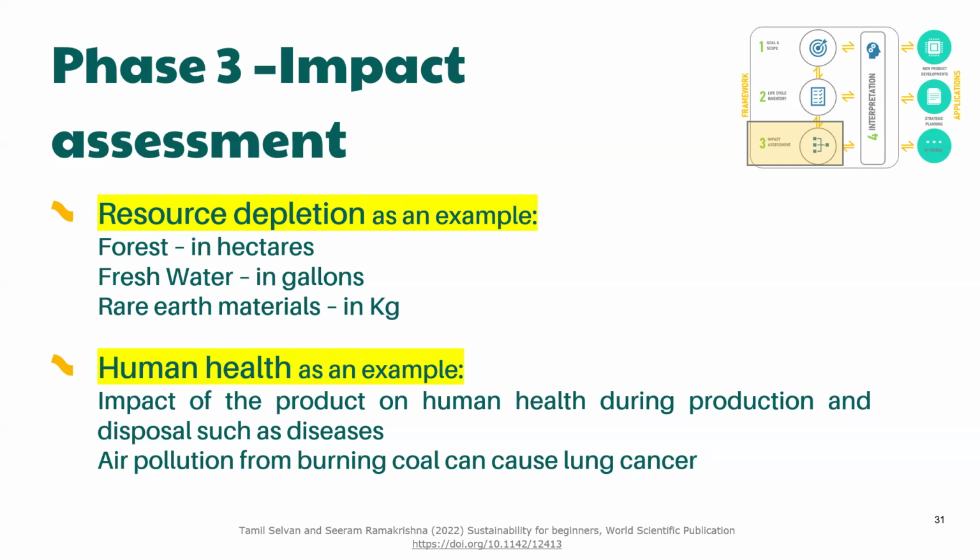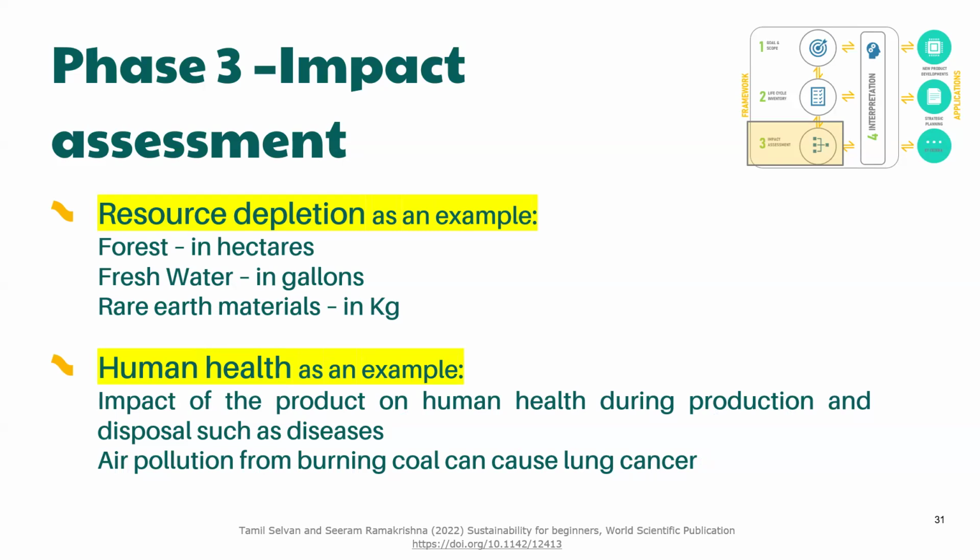Now, on the other hand, the endpoint method is also an interesting approach. It will help you to understand how a product or process has impacted human lives. For example, imagine we're conducting an LCA study of a textile industry that discharges wastewater, contaminating nearby freshwater resources, leading to increased risk of cancer within the local population.